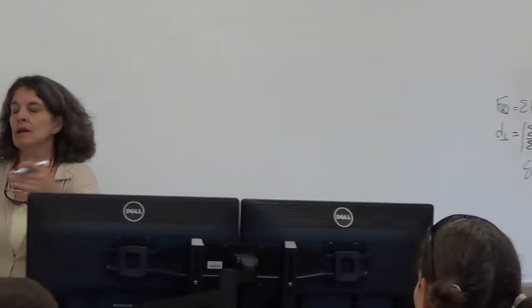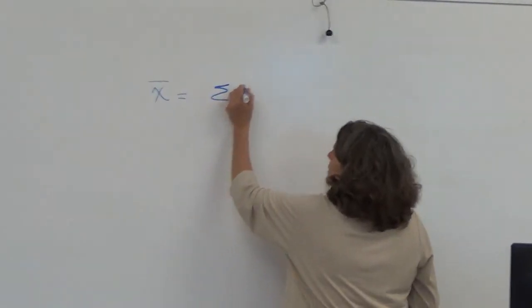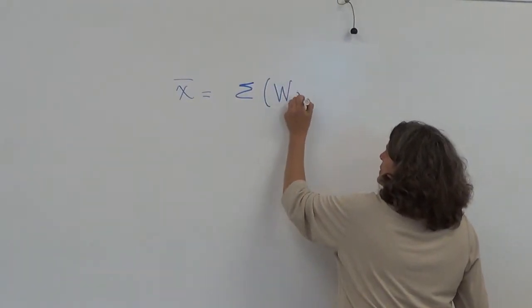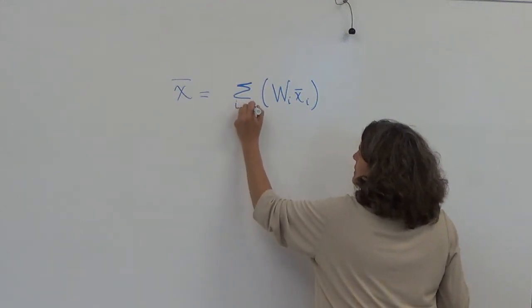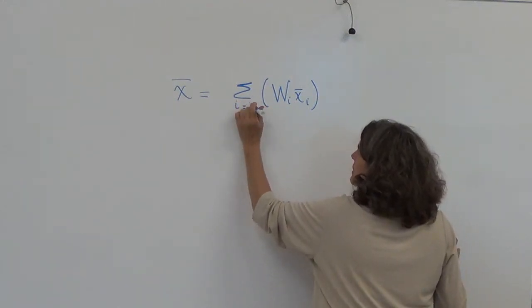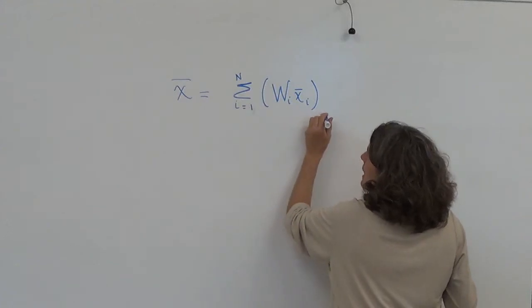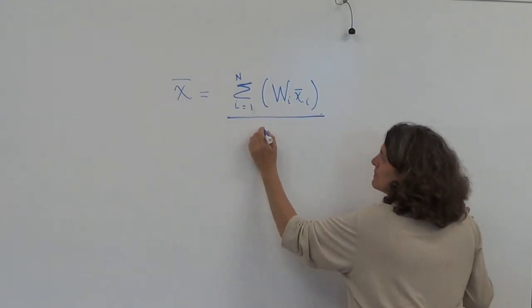in order to find the location X along here, I took the sum of the weights of each of you times the X distances. And divided by what?